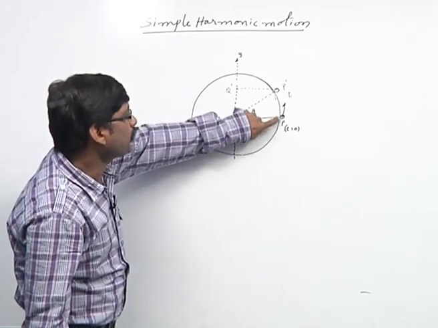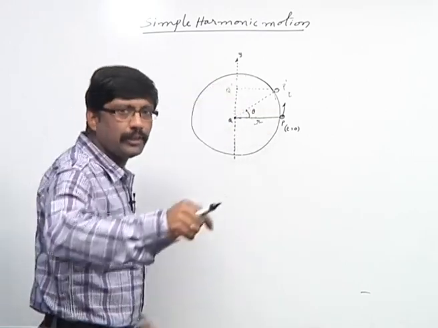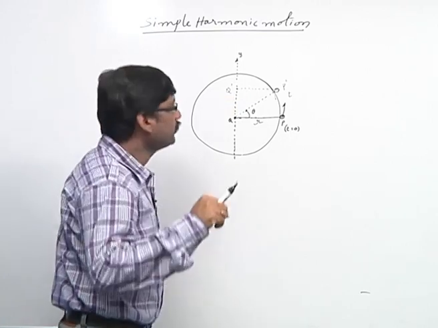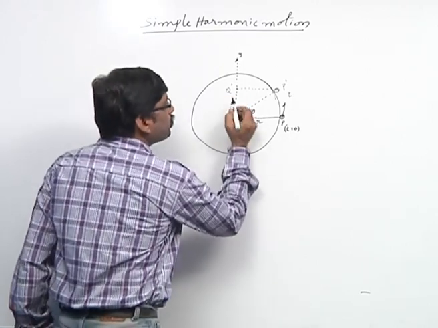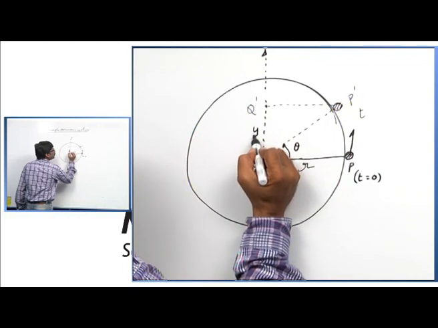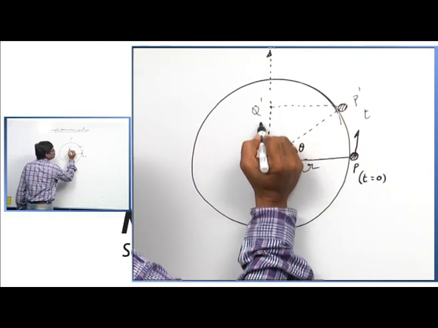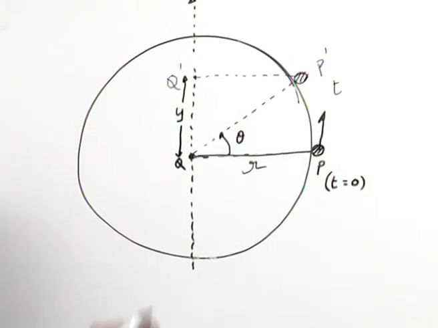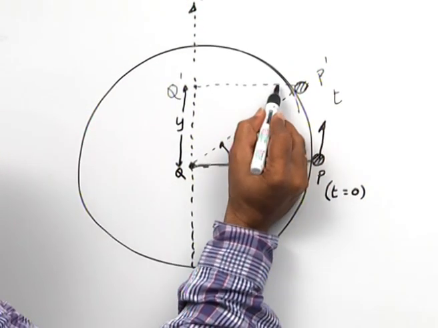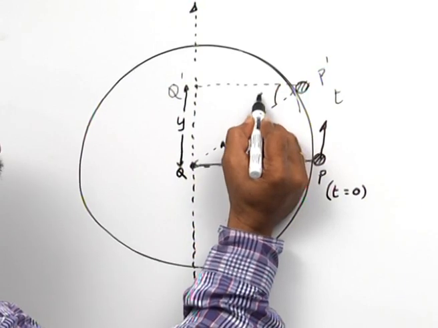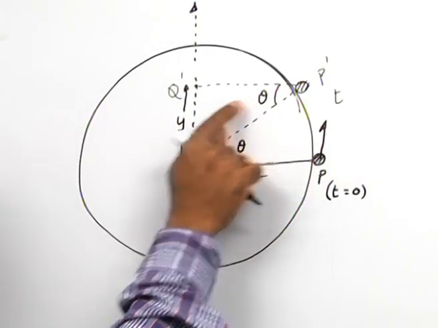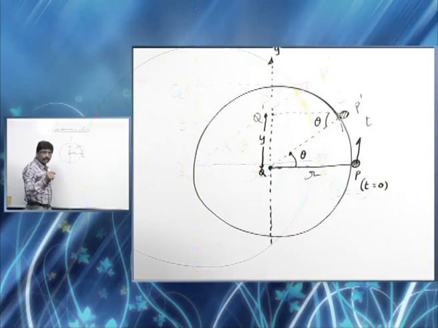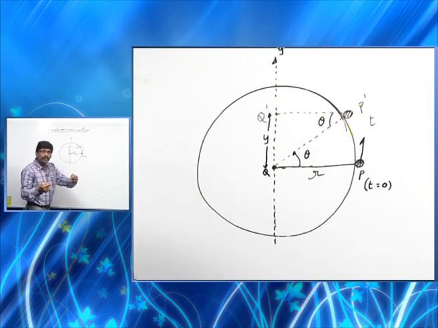Theta is the angular displacement of P, which is in uniform circular motion. In the same time, the linear displacement of Q is y, which is moving along the y-axis. Let us find out the relation between these two, that is theta and y. Theta is with respect to P, y is with respect to Q.